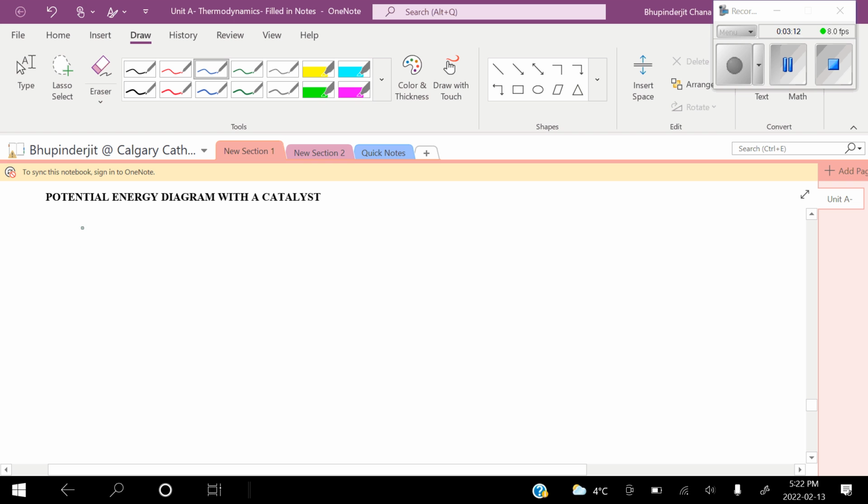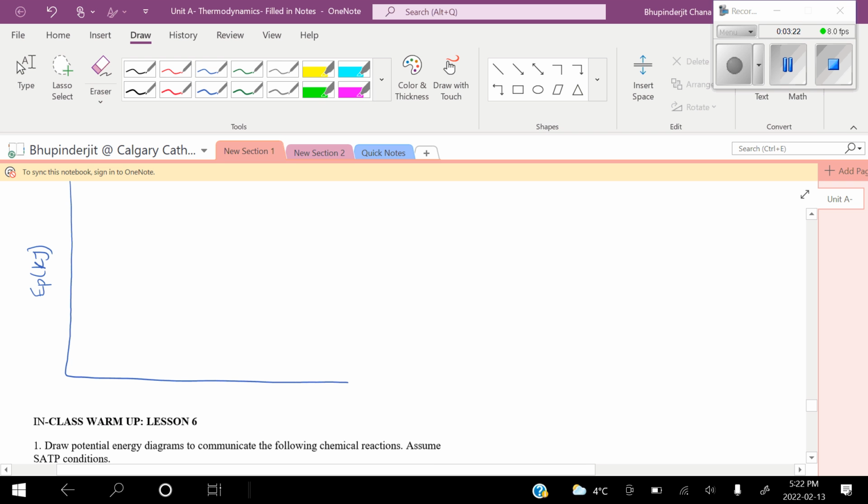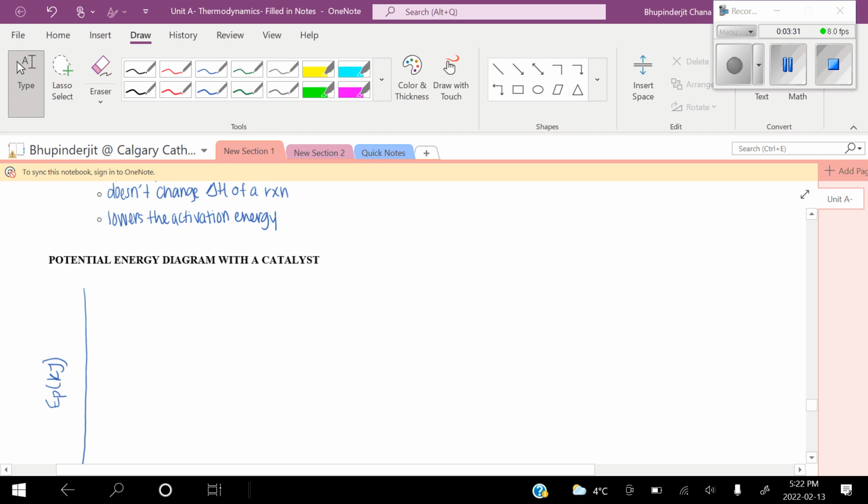We're going to first start off with our axes. On this side, we have our potential energy in kilojoules. And on this side, we have our reaction coordinate, or our time or progression of reaction. Doesn't matter, whatever you feel like writing.